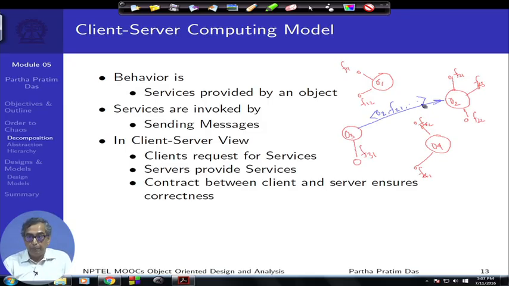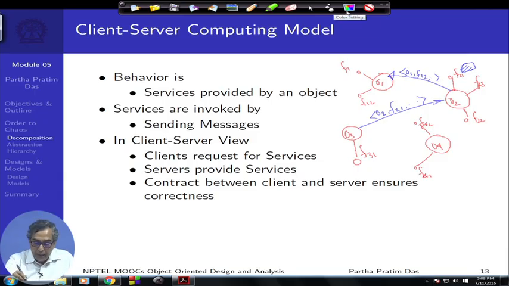So, when O2 receives that, that method operation will start being performed. And when that is being performed, O2 may need the help of the operation F12 of object O1. So, it sends a message to object O1 with F12 with associated data.